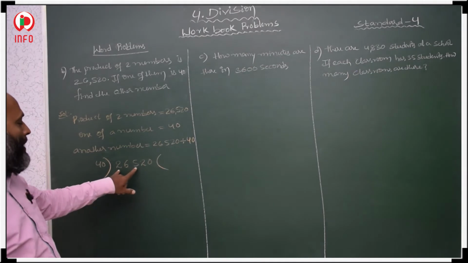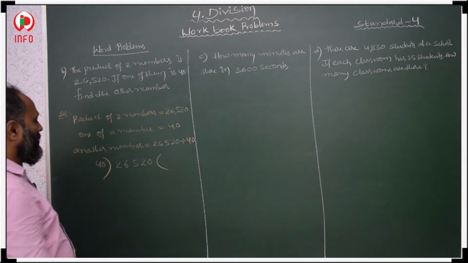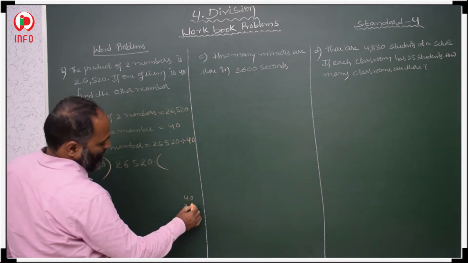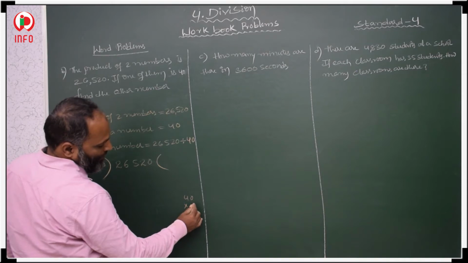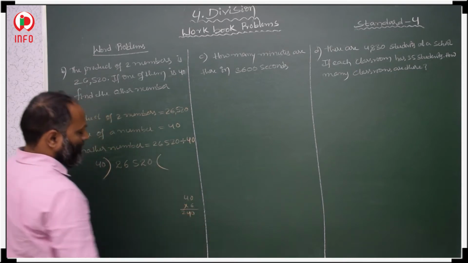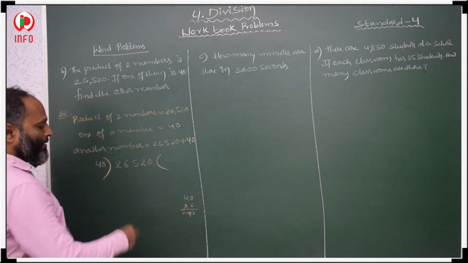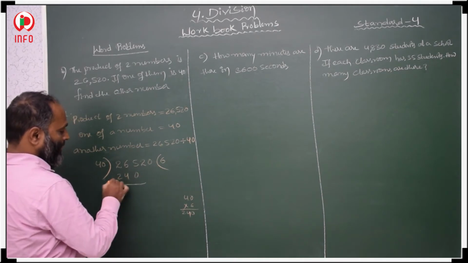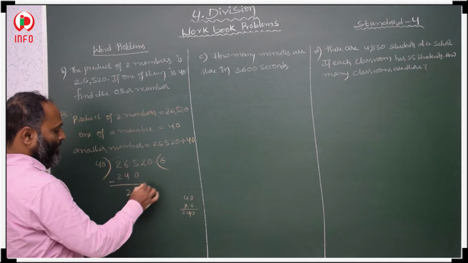40 into 26 is less, so we have to take three digits: 265 with 40. 40 6s are 240. Then subtract, leaving 25, and now we take 2.